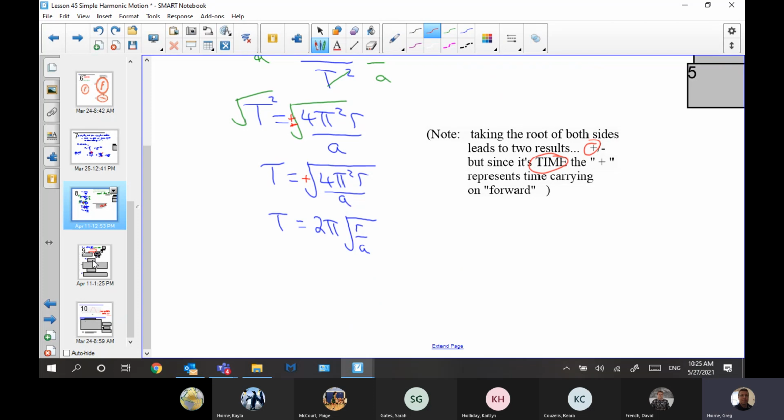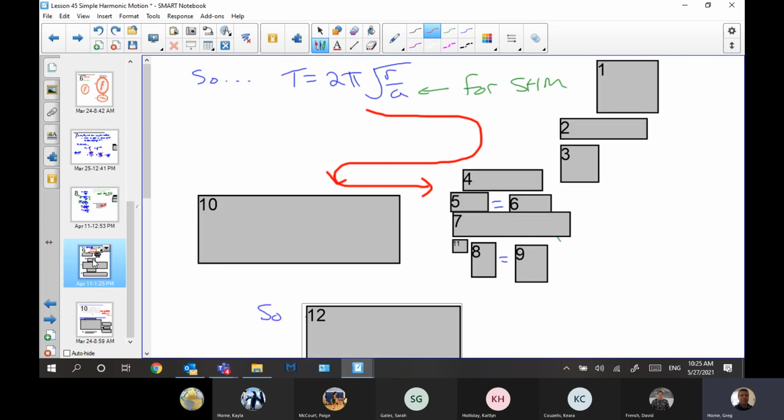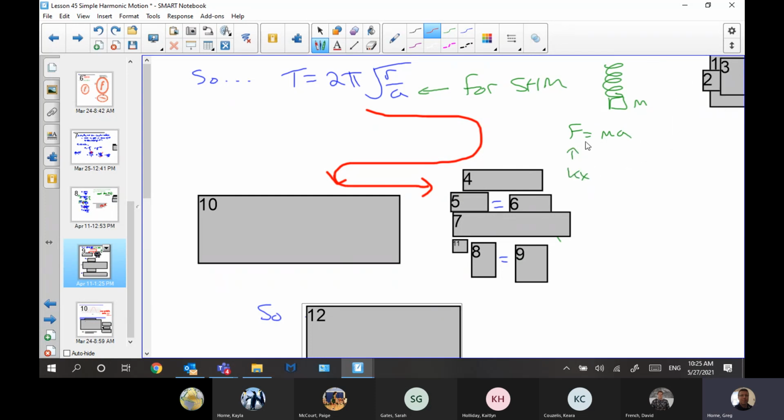Okay, so we've got this 2 pi root of r over a. This is where the magic happens, where we start to talk about simple harmonic motion. The big red arrow says there's a couple of steps involved. For simple harmonic motion, you've got this spring bouncing up and down, and we know force equals mass times acceleration. And for a spring, F equals kx.